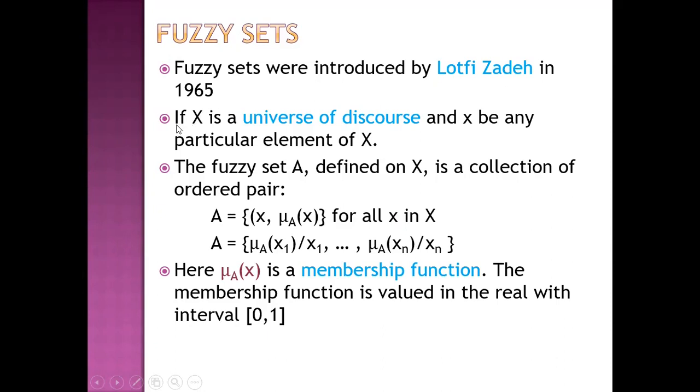Let us say capital X is a universe of discourse and small x is any particular element of capital X, then the fuzzy set A, as defined on universe of discourse X, is a collection of ordered pairs, small x and its membership function.